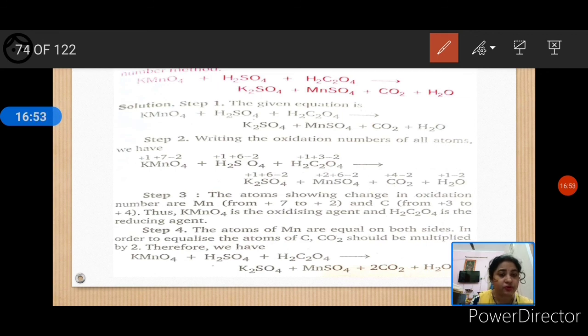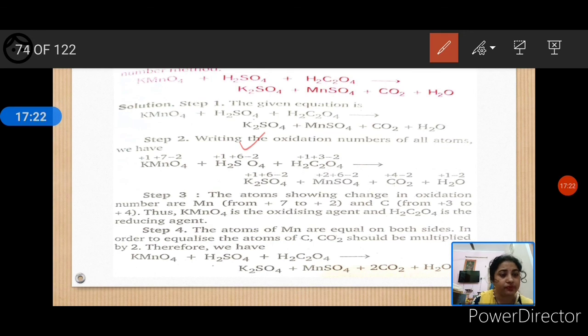So for manganese plus 7, hydrogen plus 1, oxygen minus 2. We will calculate the oxidation number of sulfur. H2C2O4: hydrogen plus 1, oxygen minus 2. We can work out the oxidation number of carbon. In the product side also, potassium plus 1, oxygen minus 2. With the simple formula, we will find the oxidation number of sulfur.